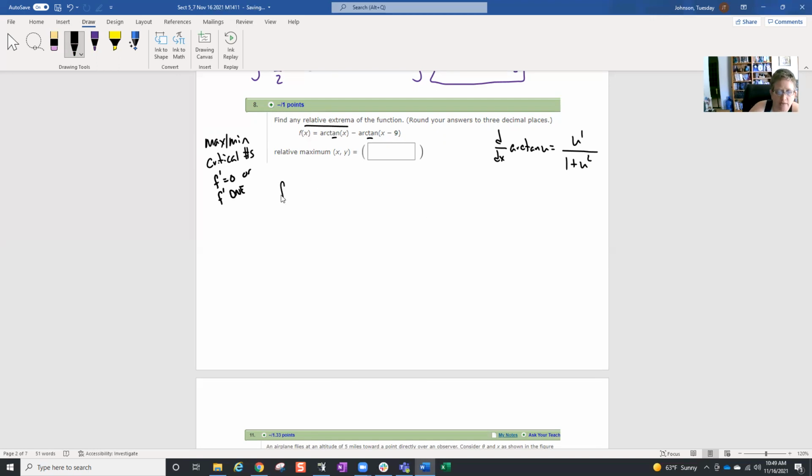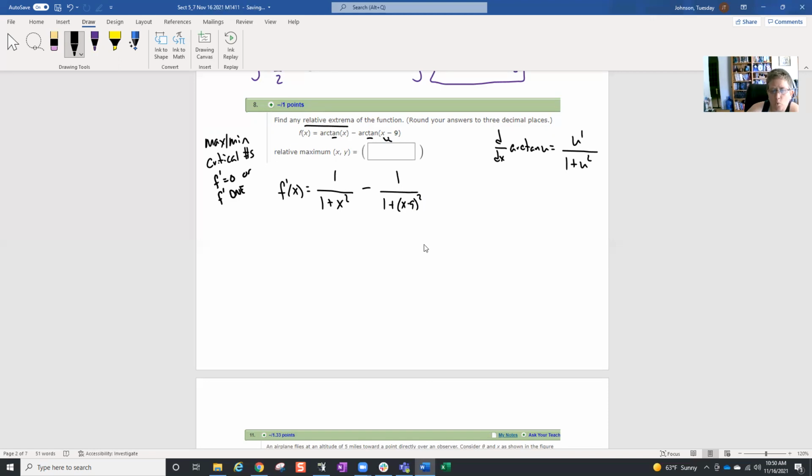Each individually, f prime of x, the derivative of arctangent of x, right? When it's just an x, the derivative of x is 1 plus x squared, not bad, minus the derivative of arctangent has this format. Remember, our u is x minus 9. The derivative of x minus 9 is still 1 plus x minus 9 all squared.